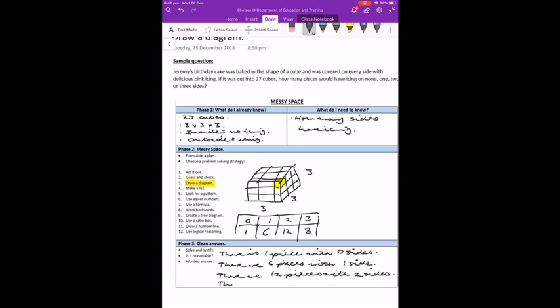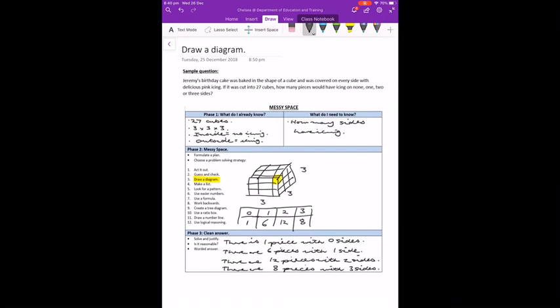And lastly, there are 8 pieces with 3 sides of icing. And that is how you use the draw a diagram problem solving strategy using the messy space framework.